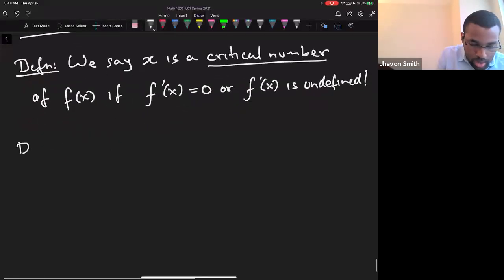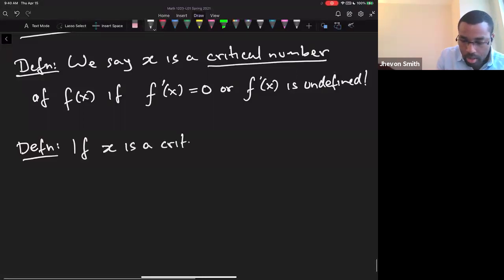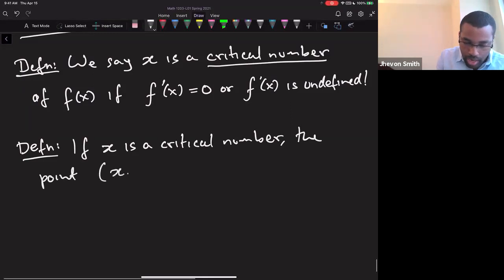So that's the critical number definition. If x is a critical number, the point x comma f of x is called a critical point.